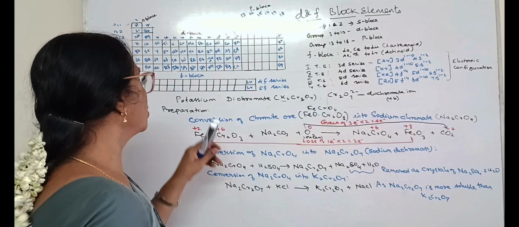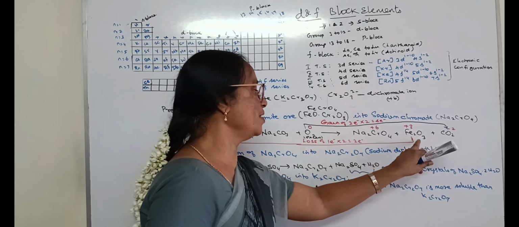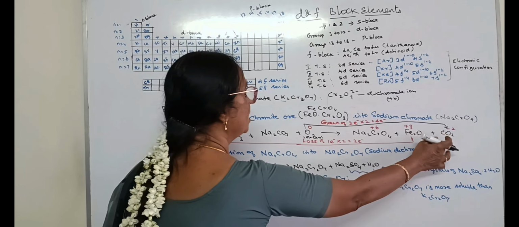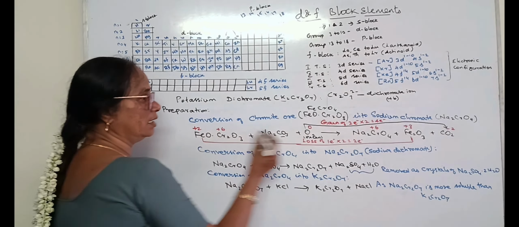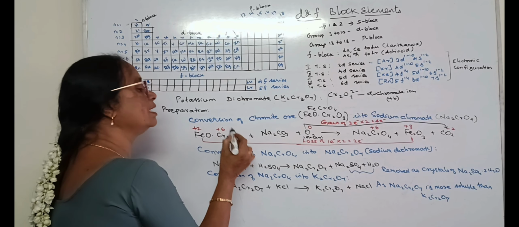So chromite ore is converted into sodium chromate, ferric oxide and carbon dioxide. This carbon dioxide comes from the carbonate, and the ferrous oxide is oxidized to ferric oxide.